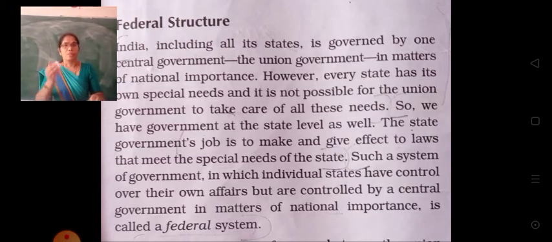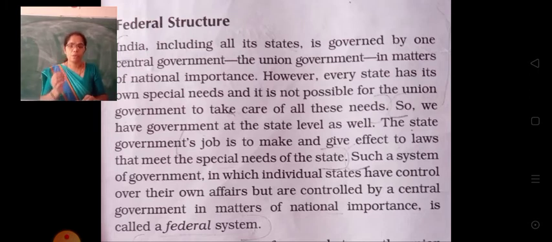So we have governments at the state level also. Any problem related to a state is solved by the state government, which has the right to look after the needs of its people or citizens.